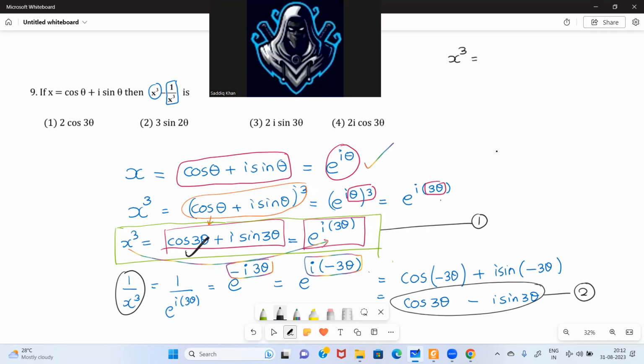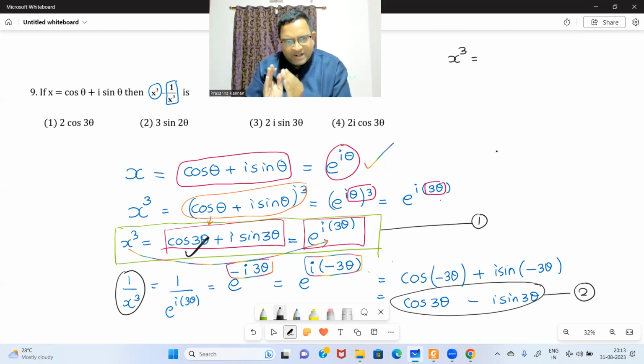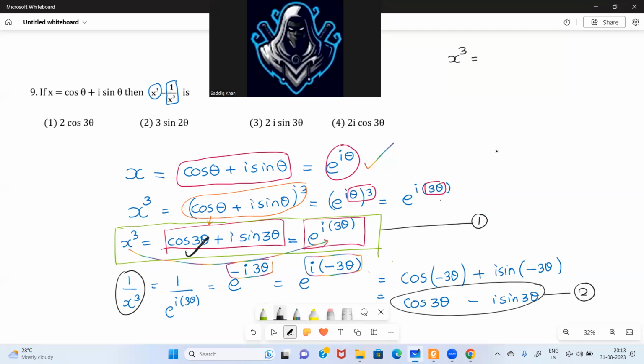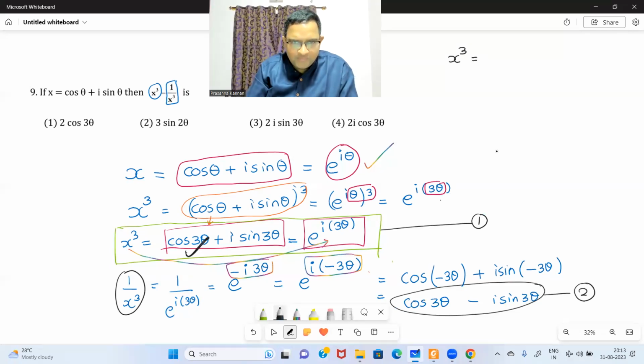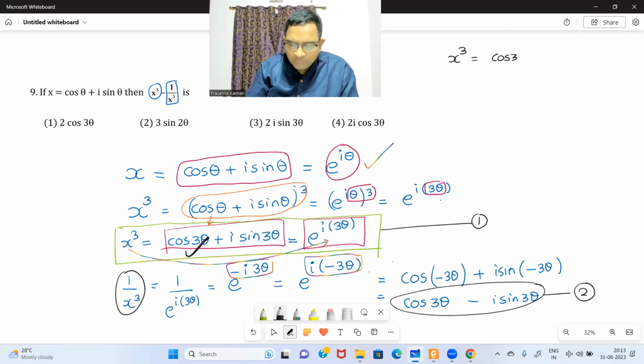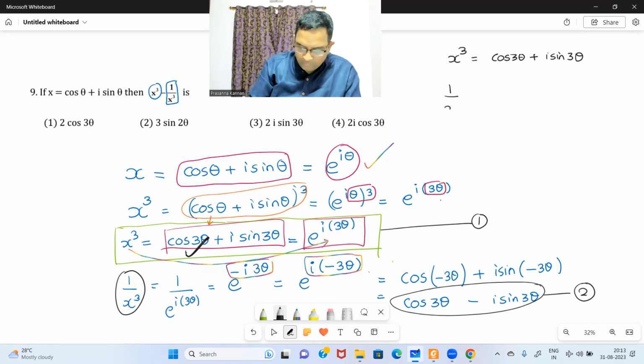Tell me in terms of cos and sine, not e now. Cos 3 theta plus i sin 3 theta. Perfect. Okay, now tell me the other one. What is 1 by x cube?